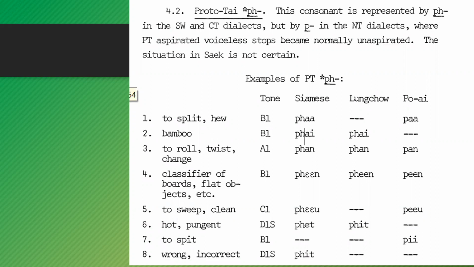That these will always have a P initial in the language varieties spoken in the Southwestern and indeed in the Central Tai, but in the Northern Tai they become P. They become the unaspirated P sound. And you can see the correspondence. In the first column, they're always PH. Second column, they're always PH. Third column, they're always P.